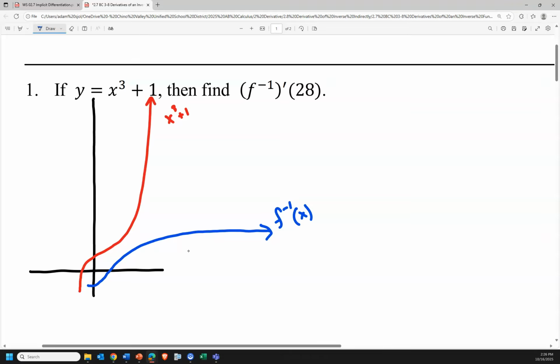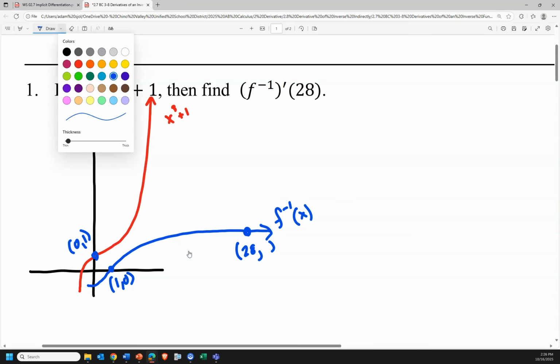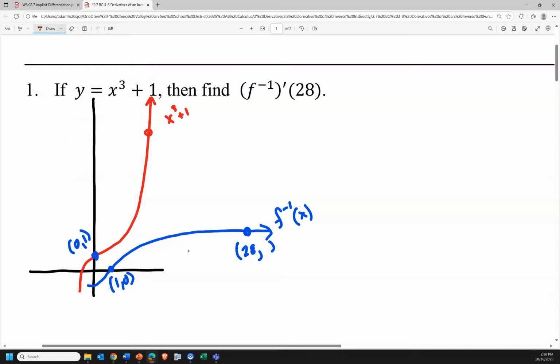Now, we actually could find that inverse, but this is the point 0, 1, and this is the point 1, 0. And we're supposed to find the derivative of this inverse at x equals 28. No idea what the y value is. But what I know, that I hope you know by the end of this, is that's related to this point over here on x cubed plus 1, where the y value is 28.